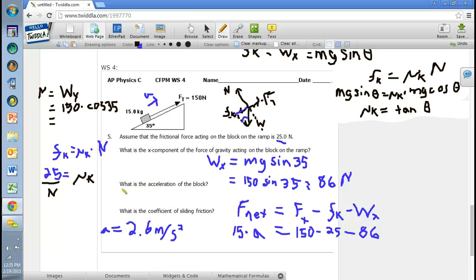Okay, it looks like most people are responding and they're getting 0.204 about. Any questions how we got that?